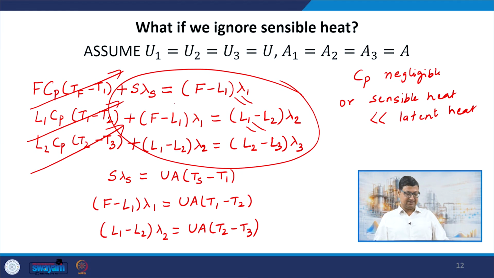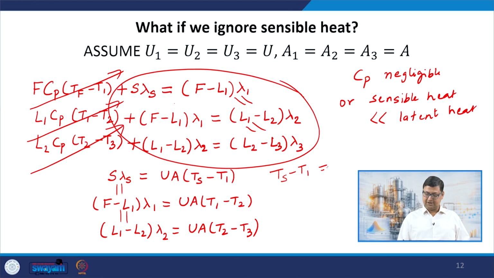So, what this means is this is equal to this and this is equal to this. So, the left hand side of the last three equations are same, right, and what this then means, since UA is same, is that Ts minus T1 is equal to T1 minus T2 is equal to T2 minus T3, right.